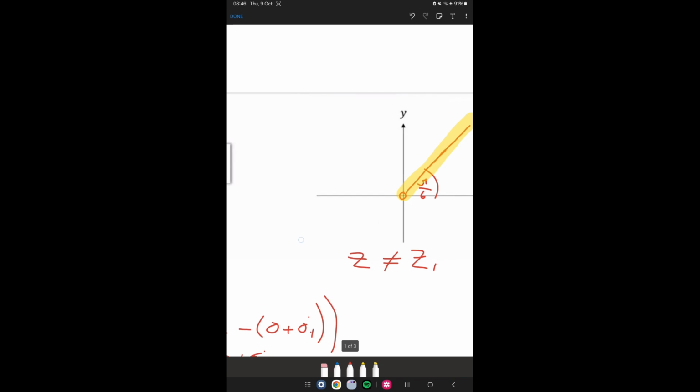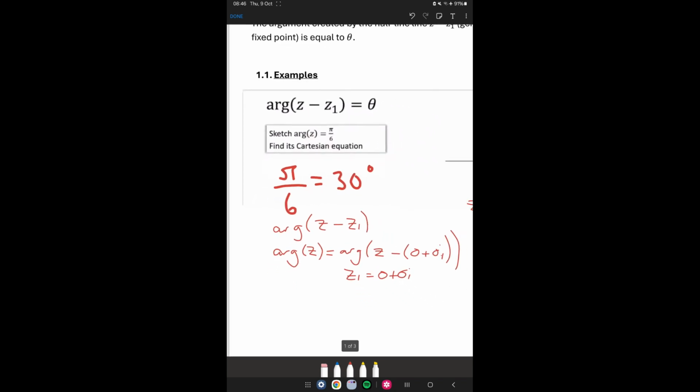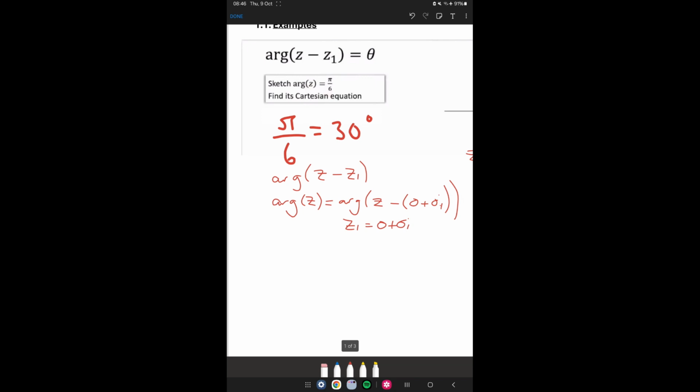So we sketched it, but we now need to find its Cartesian equation. And there are multiple ways you can go about this. So what we could do here is, we know z is just a general complex number in the form x plus yi.